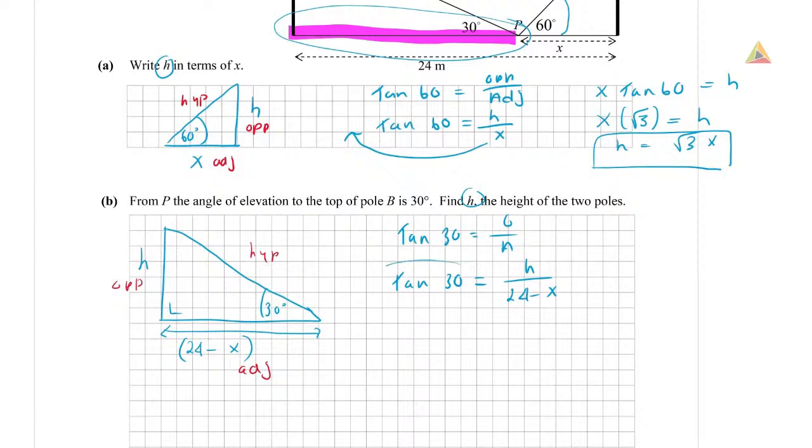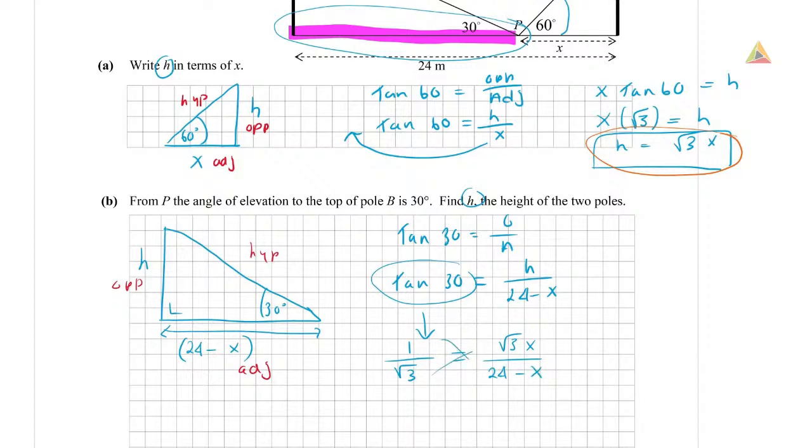Now if you put tan 30 into the calculator, you will get 1 over root 3. And so before we bring the 24 minus x over, let's simplify it. We figured out in the previous question that h was equal to root 3 x. So instead of h, I'm going to put in root 3 x over 24 minus x.